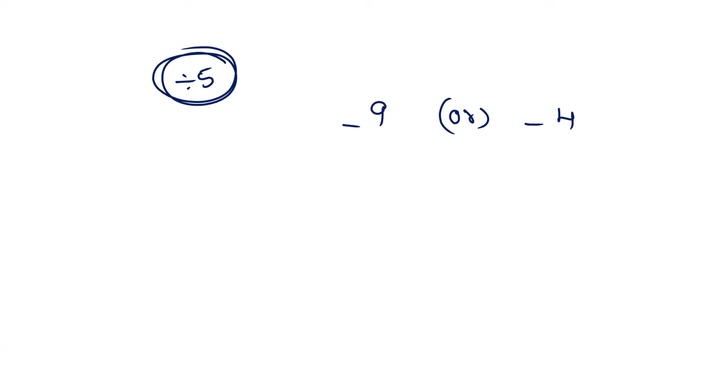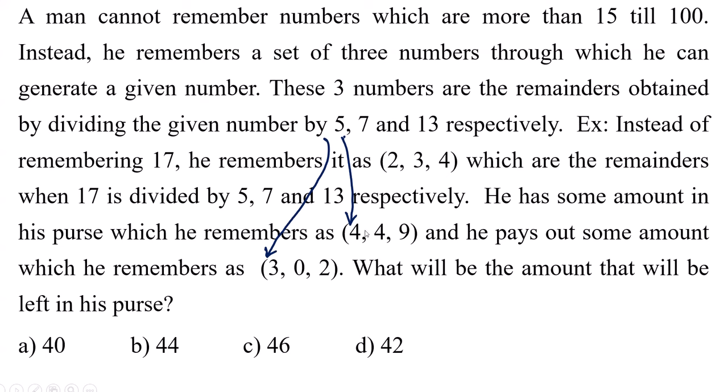Agreed? Next, why did you take that remainder equal to 4? They gave the initial amount in the purse, which when divided by 5, the remainder is 4. Yes or no? Next one, what is the amount paid?